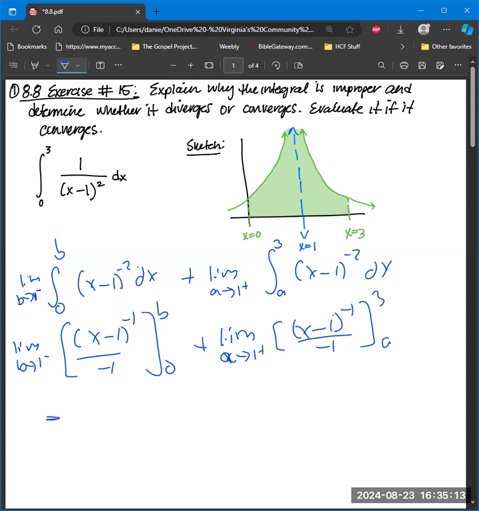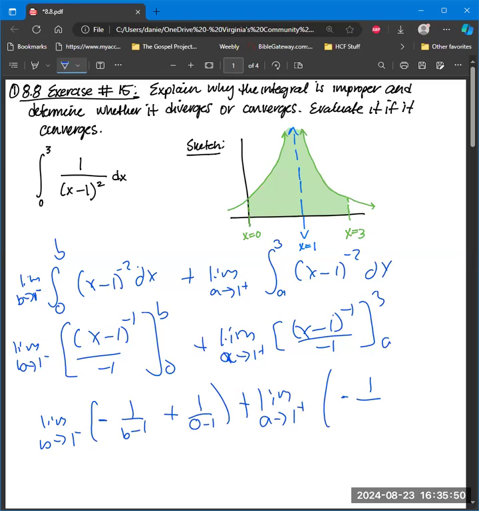That is negative the limit as b goes to 1 from the left of negative 1 over b minus 1 plus 1 over 0 minus 1, plus the limit as a goes to 1 from the right of negative 1 over 3 minus 1 plus 1 over a minus 1.